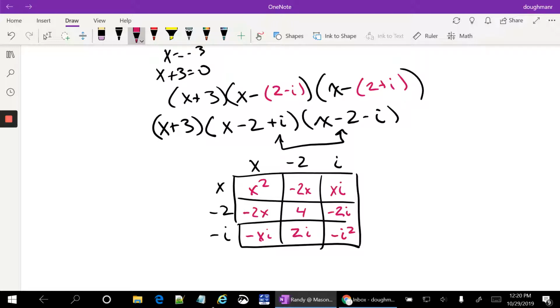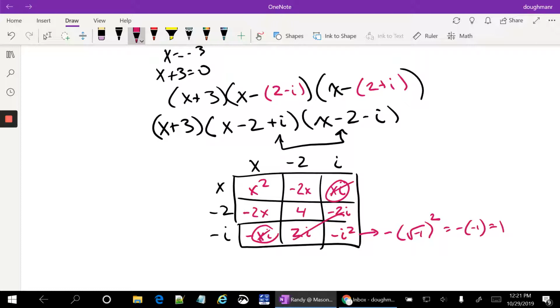Nice things happen here. Those cancel out. That one and that one cancel out. And this negative i squared, remember, is negative times the square root of -1 squared, so it's a negative of -1, which is a positive 1.